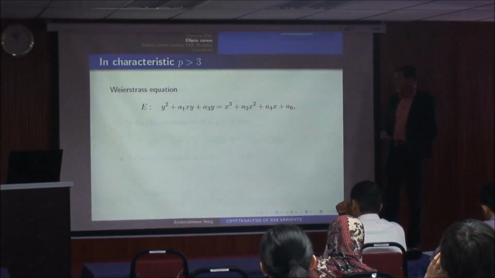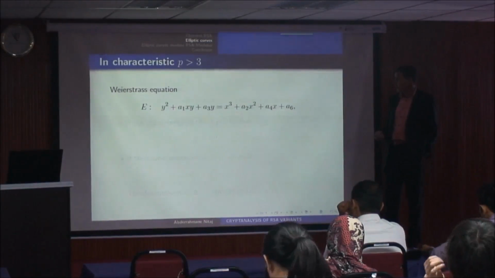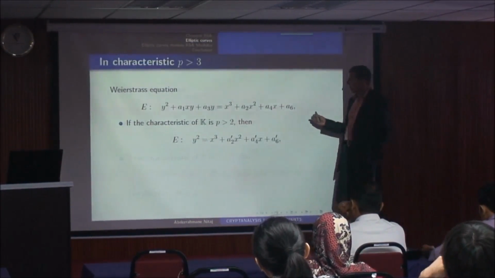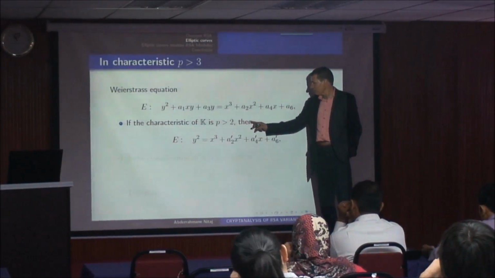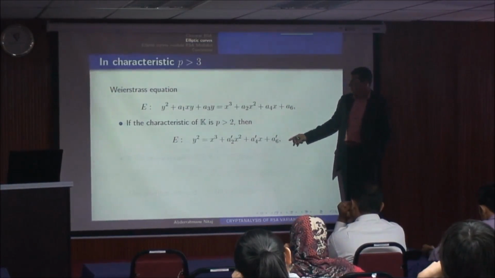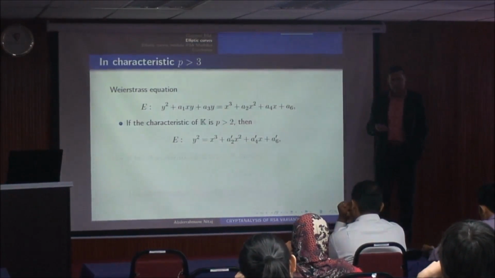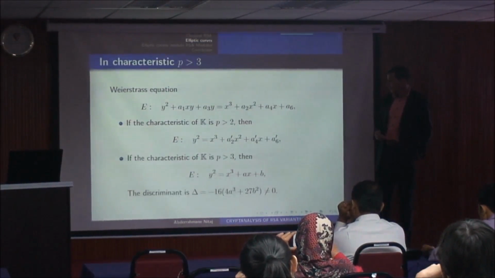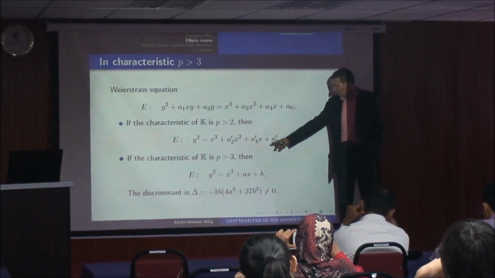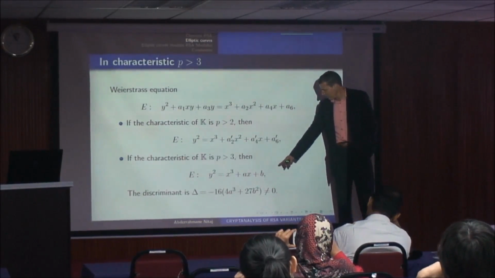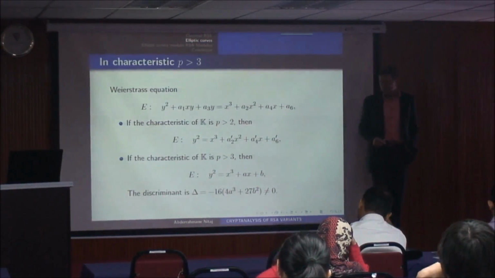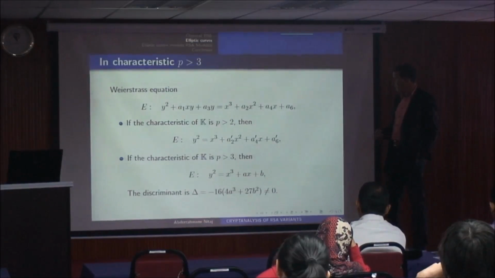So this is the Weierstrass equation of the curve, and when the characteristic of the field is larger than 2, then we can transform this equation to this one. So this is the short equation of the curve. Also, when the characteristic of the field is larger than 3, then we can finally transform this equation to another one which is shorter than the previous one.